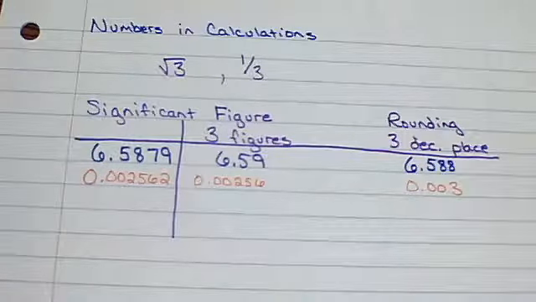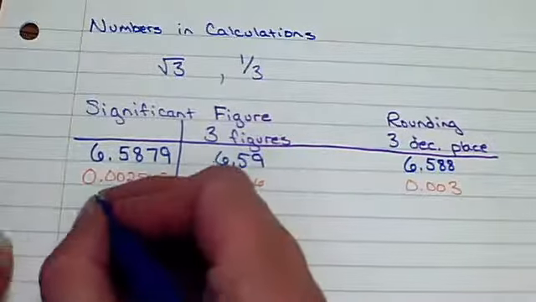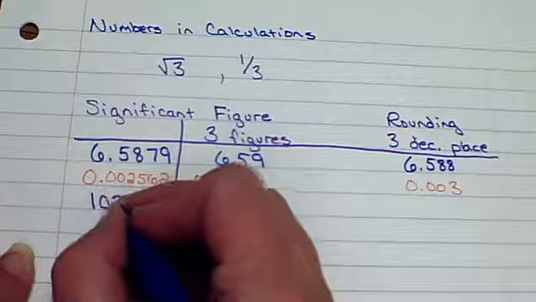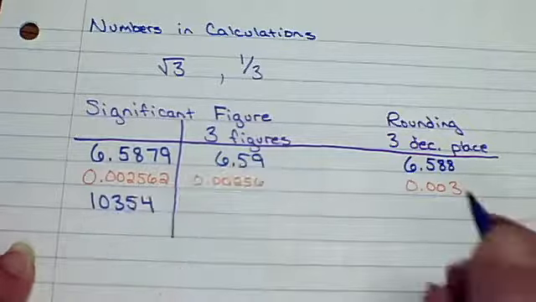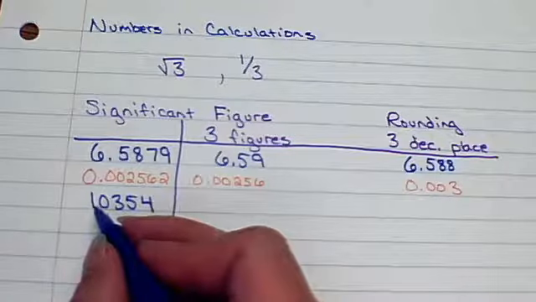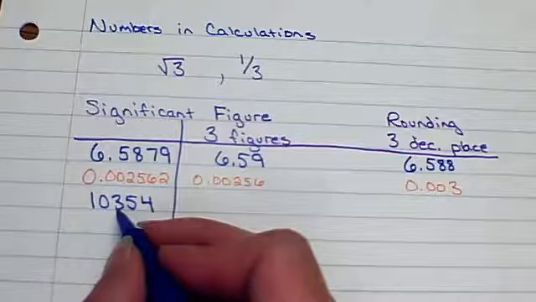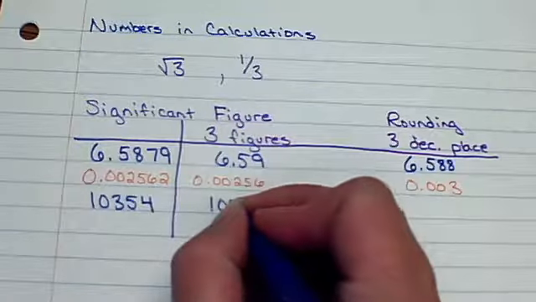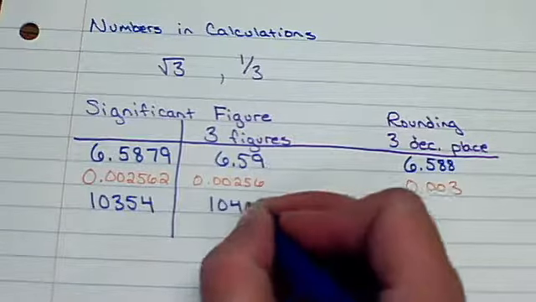Well, let's do another one so we can really compare. What about a big number? 10354. 3 significant figures. First figure, second, third. So this would be 10400.